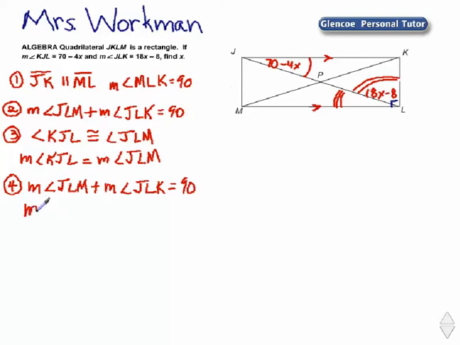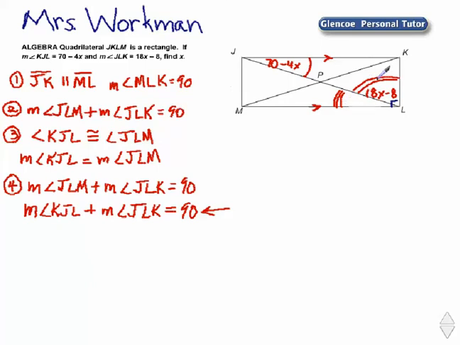That also tells me that the measure of angle KJL plus the measure of angle JLK equals 90. Now, where did I get this statement? I got it from statement 2.